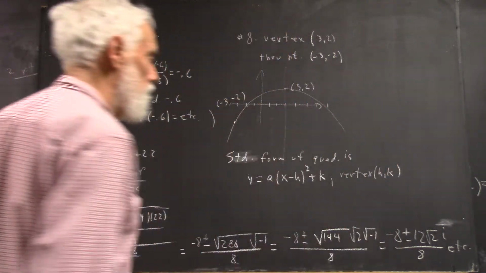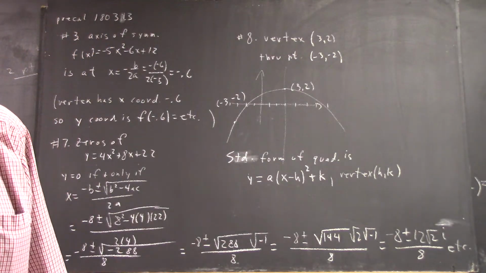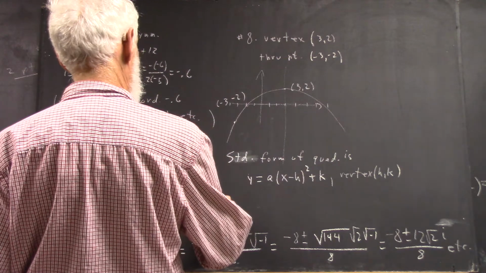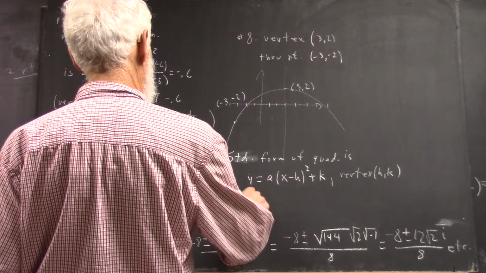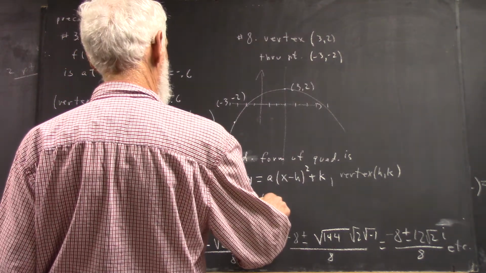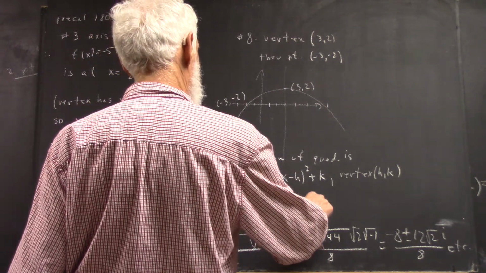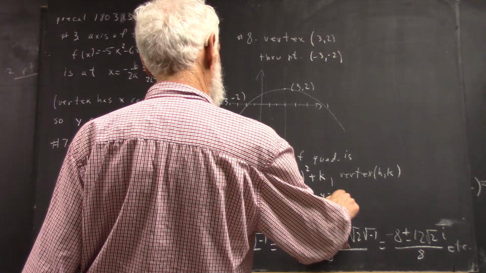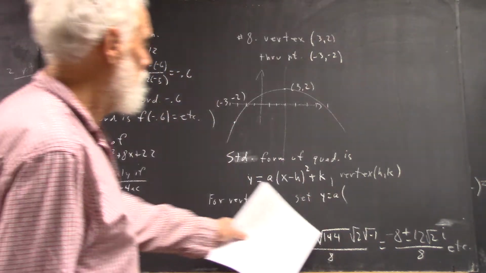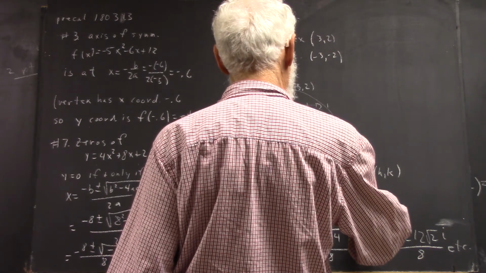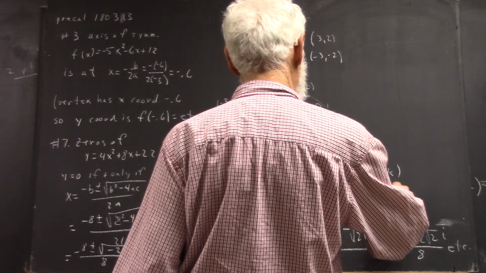And your vertex is h, k, right? So for this parabola, for vertex 3, 2, we get y equals a times x minus 3 squared plus 2.